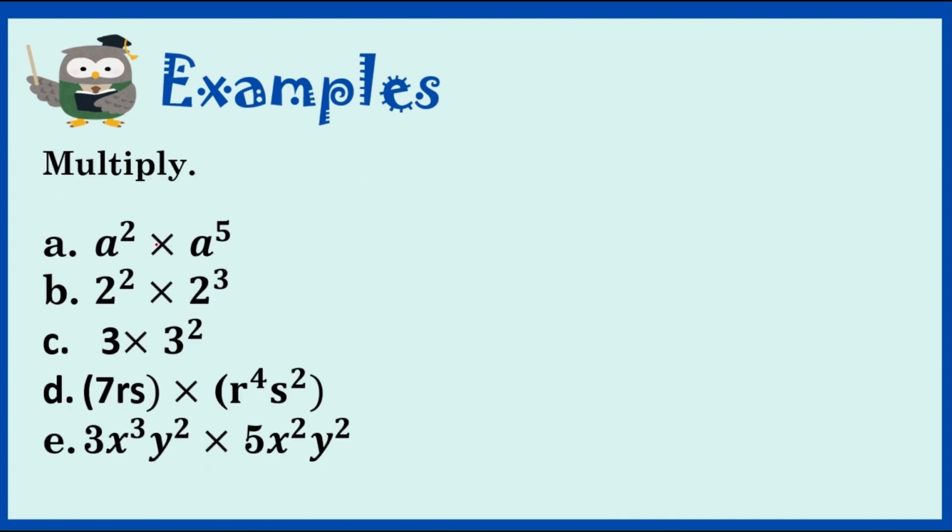To understand better, we'll have our examples. Let's multiply first. Applying the rule, a raised to m times a raised to n, what will you do? You keep the base the same and just add the exponents. First, look for the base of the exponential terms. You can see they have the same base, so you just add the exponents: 2 plus 5.